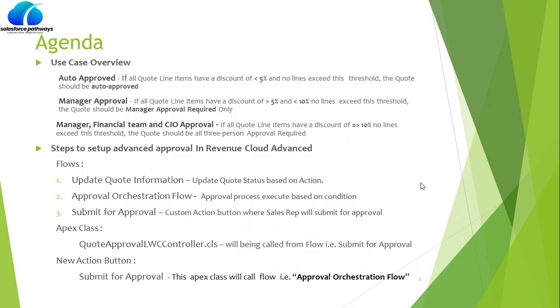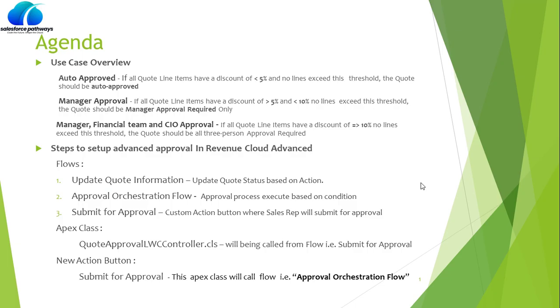Then the approval orchestration flow, where you can define the steps of the approval stages. Third is submit for approval, one of the flows, where it is calling a controller class that is an invocable method, the auto approval LWC controller. And this controller is calling the approval orchestration flow.